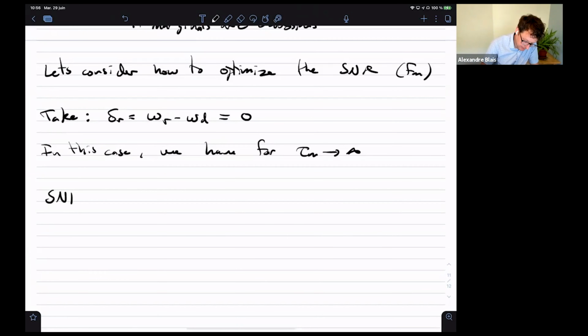And in that case, you can find that the SNR, at infinite measurement time, takes a relatively simple expression.